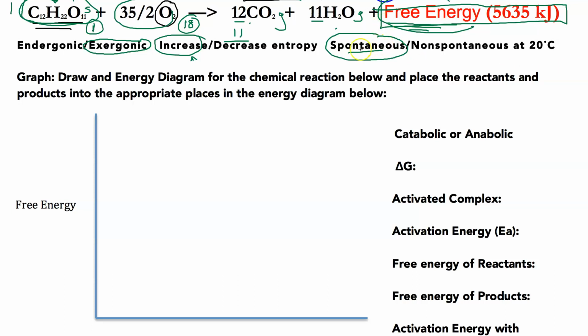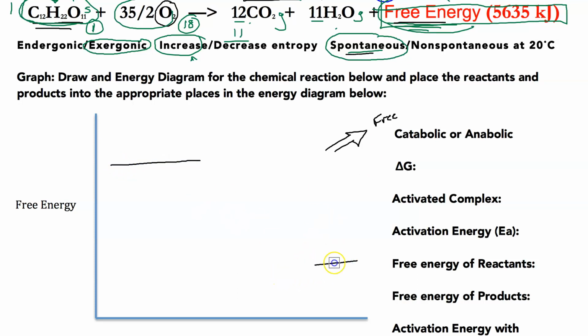Because I know that this is spontaneous, because free energy is being released, arrows going out for free energy. If energy is being released, then my product should have less free energy than my reactants. So we start high and we go low.